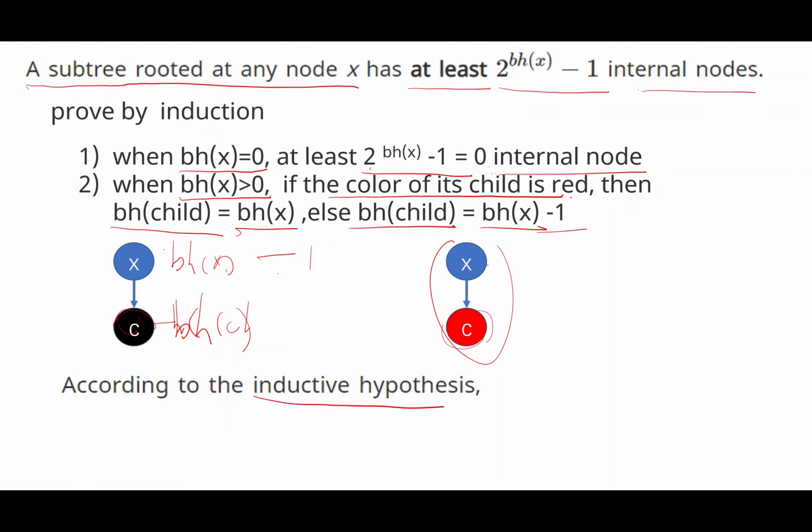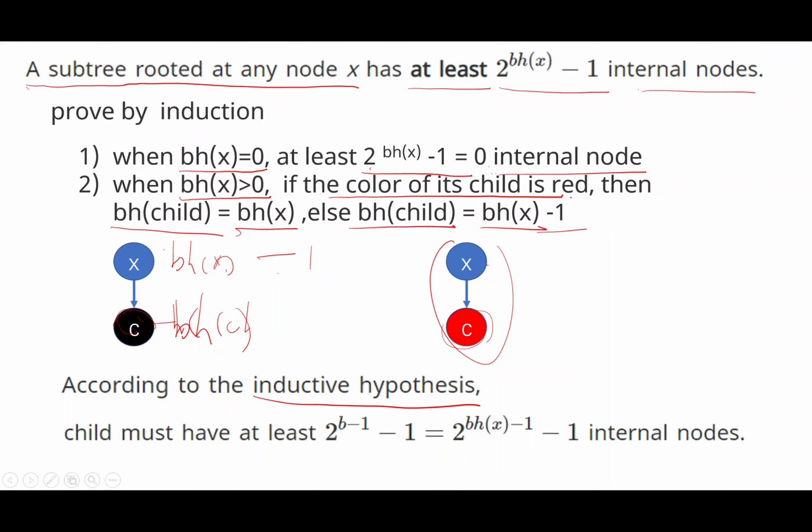According to the inductive hypothesis, the child, for this case or this case, must have at least this number of internal nodes.